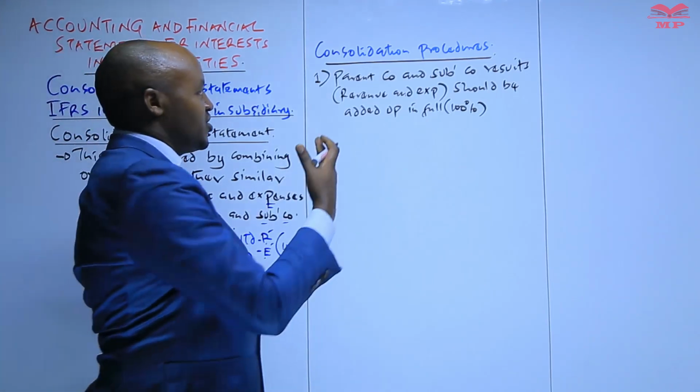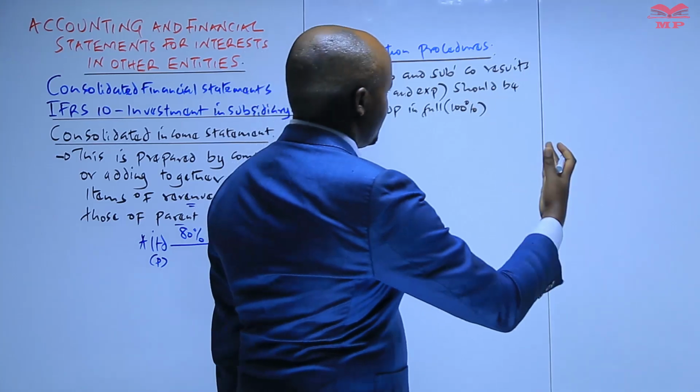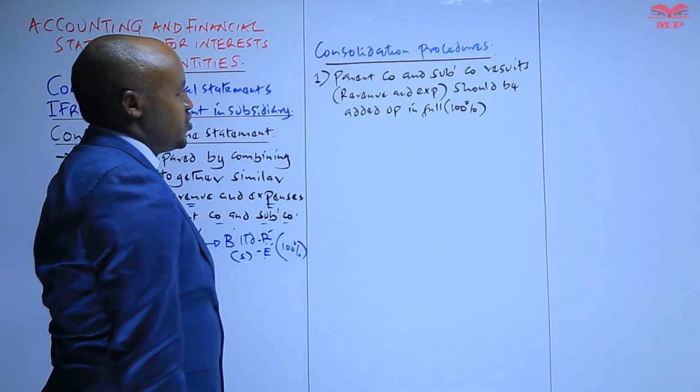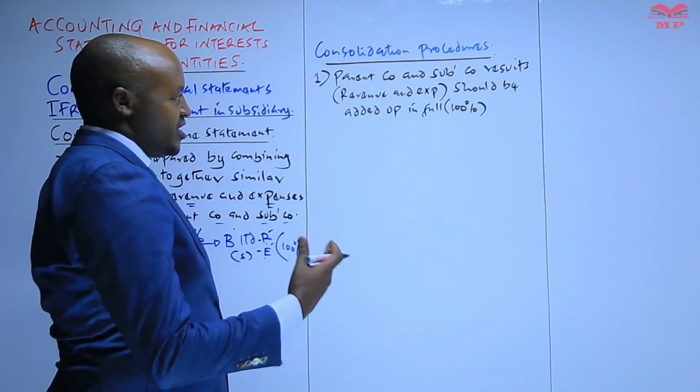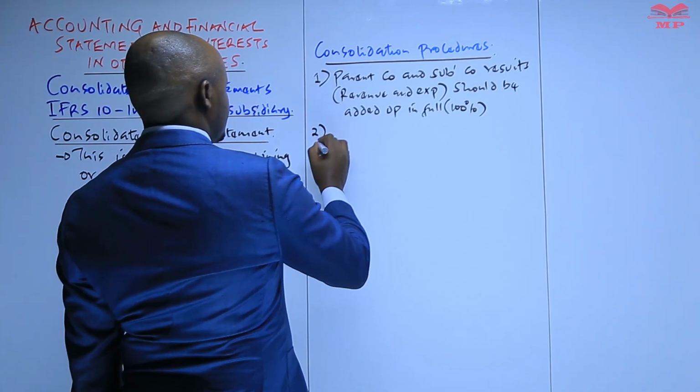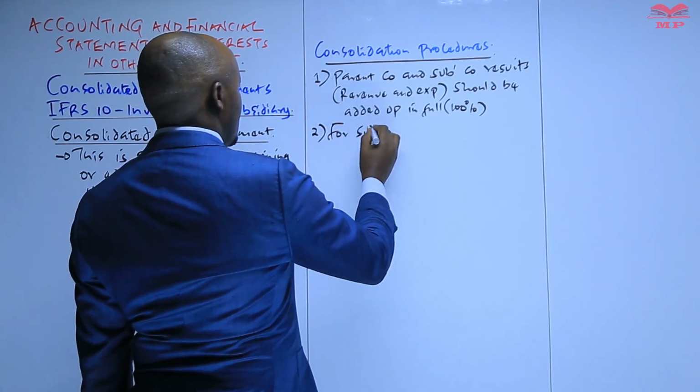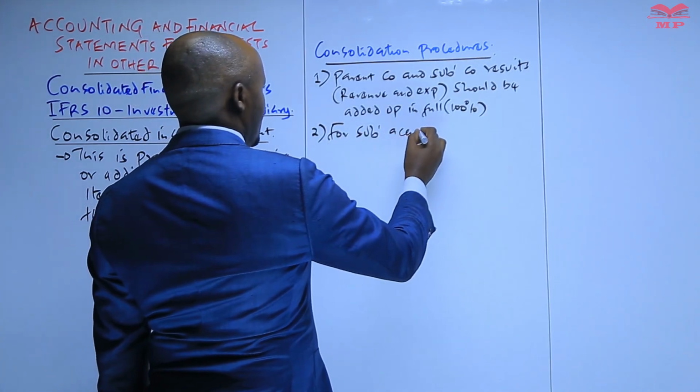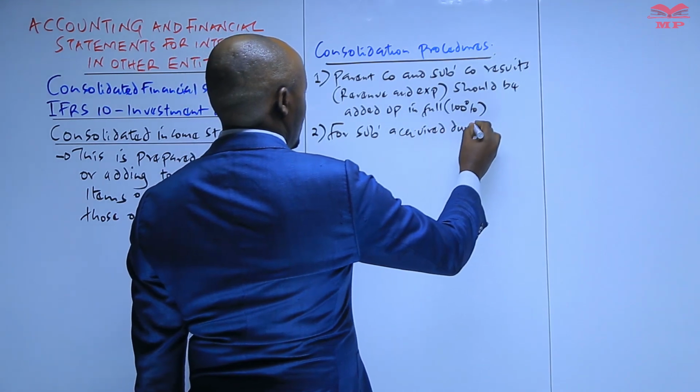The subsidiary. So the parent company and the subsidiary company results should be added up in what? In full.